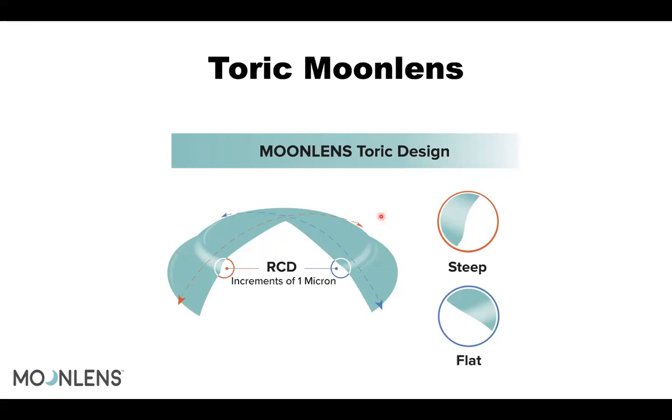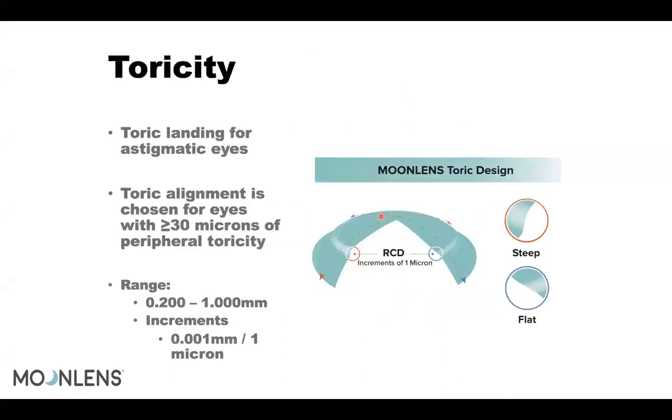As you can see in the previous example that I told you, you have the ACA steep and the ACA flat, which is just meant to be two different meridians in the lens, creating the toricity to maintain more lens centration. So, a toric alignment is chosen for eyes with a difference of 30 microns of peripheral toricity. Toric landing for astigmatic eyes.